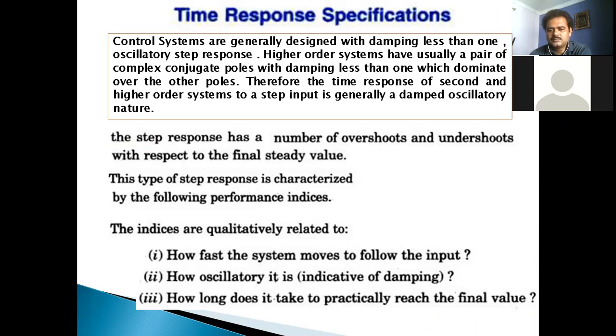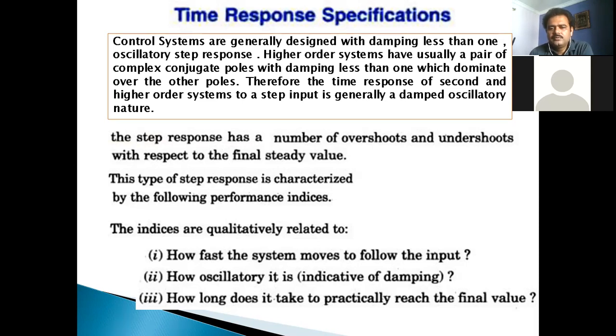A smart boy is one who, whenever a question is asked, responds immediately. That is how fast he responds, and that makes him smarter. How oscillatory it is depends upon the zeta value. If it reaches the final value without any oscillations, that is the critically damped case.